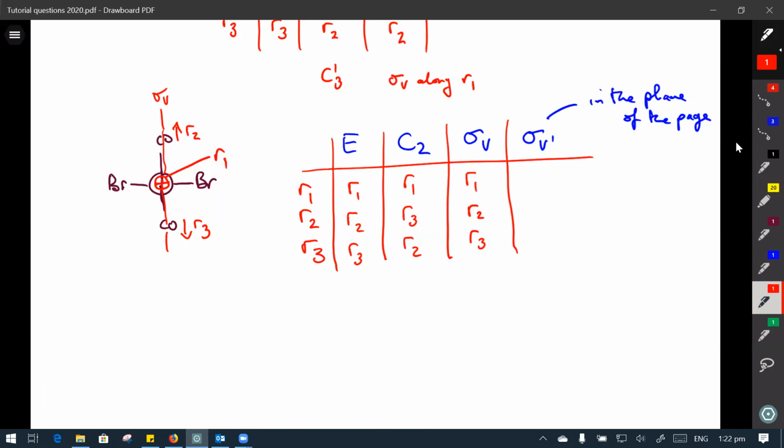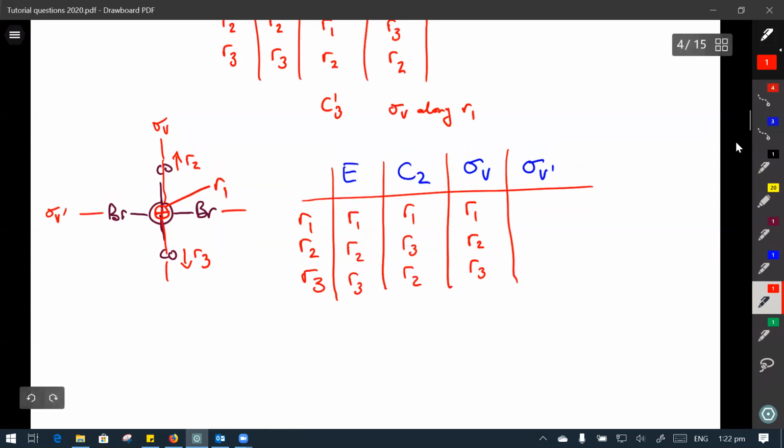Oh no, I've got that wrong. Sorry, I do apologize. So sigma V, actually you just draw it as easier. Actually, sigma V prime is there. Sorry about that. Okay, I have got it right now.